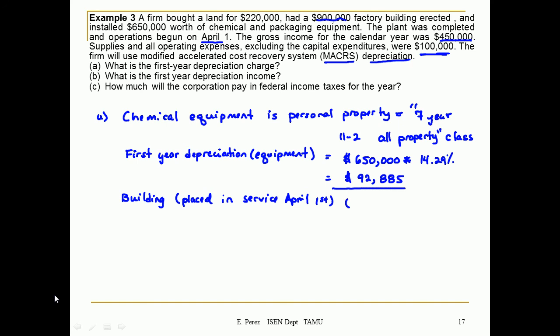So using table 11.4, we know that the first year depreciation for a building will be equal to the cost of that building multiplied by the charge for the depreciation based on the information on the table.